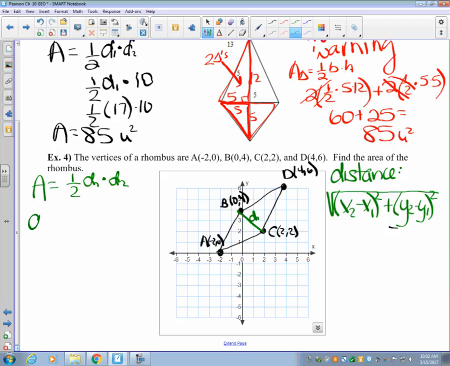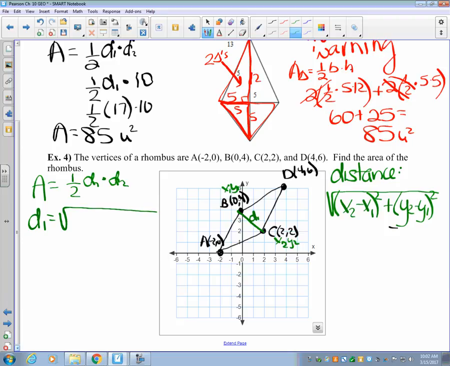So for D1, we're going to let x1 be 0 and y1 be 4, x2 be 2, and y2 be 2. That's kind of my new song.